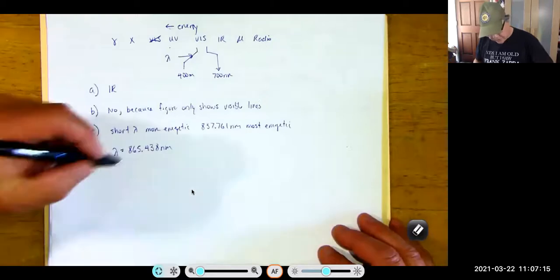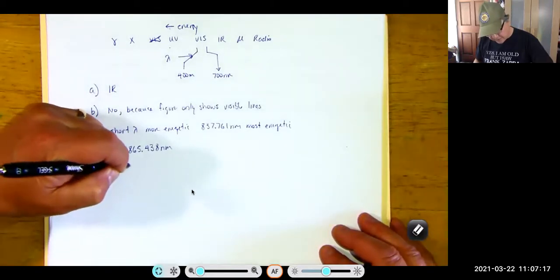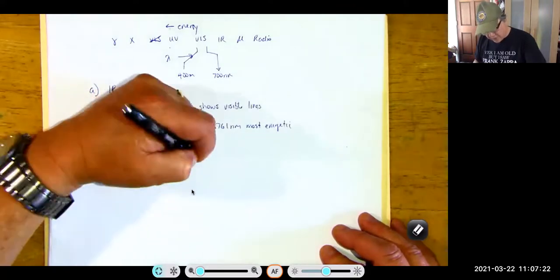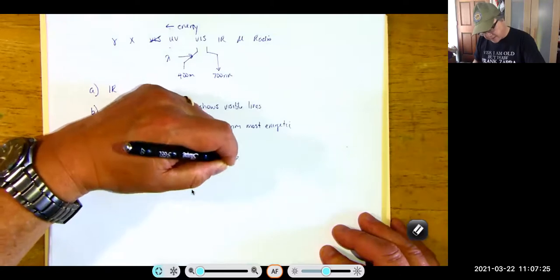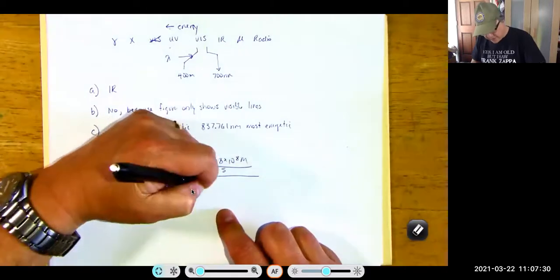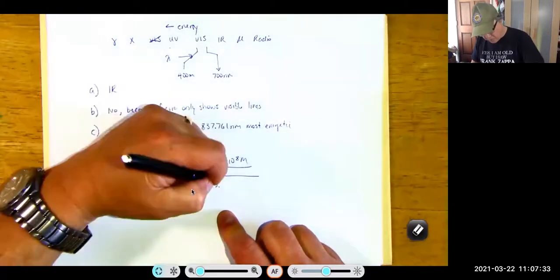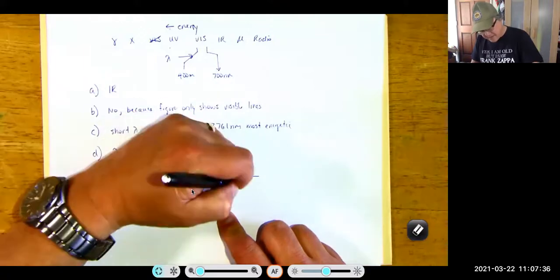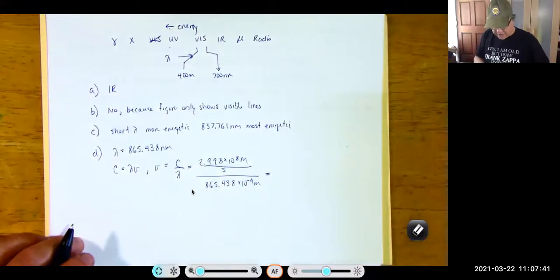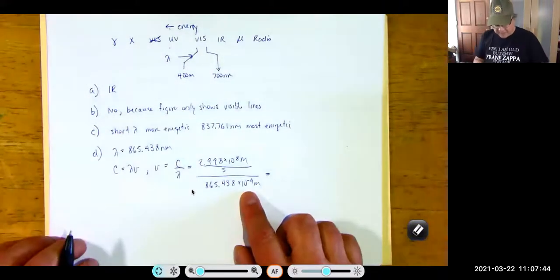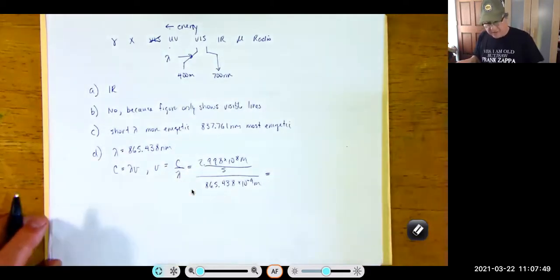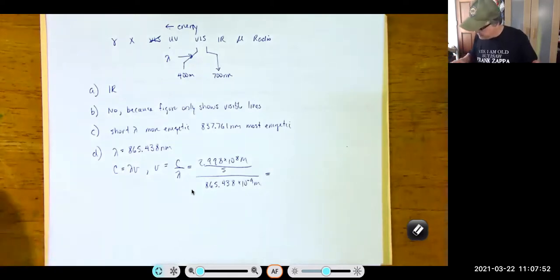So c equals lambda nu, so nu equals c over lambda, which is 2.998 times 10 to the 8th meters per second over the wavelength, 865.438 times 10 to the minus 9 meters. We're going to get a value somewhere like 10 to the 14 or 15. Let's see what we get.